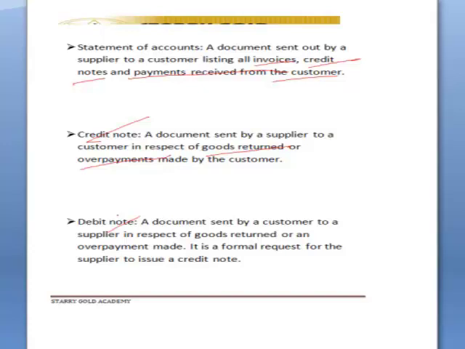Sent by a customer to a supplier. Okay, so that is a debit note. It is a formal request for the supplier to issue a credit note in that respect.